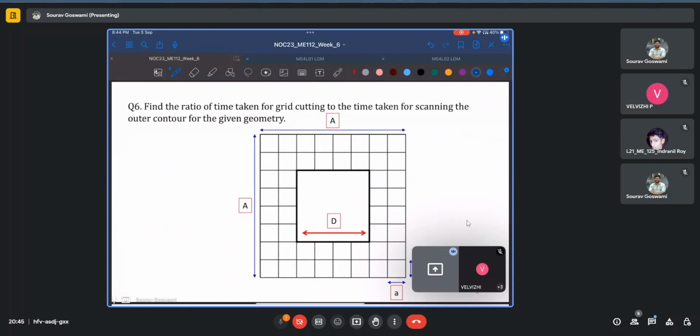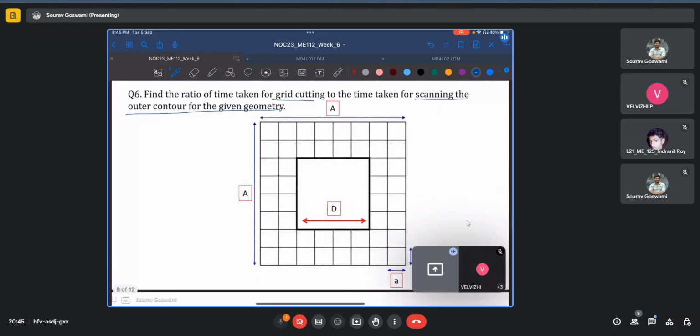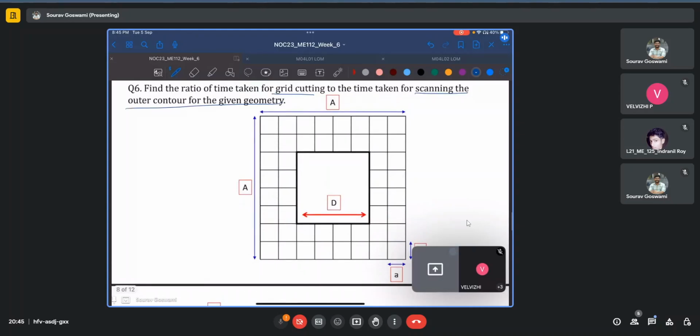We have a numerical type question here, and we are asked to find the ratio of time taken for grid cutting to the time taken for scanning the outer contour for the given geometry. As we are aware, in sheet additive manufacturing processes such as LOM, there are actually three steps.